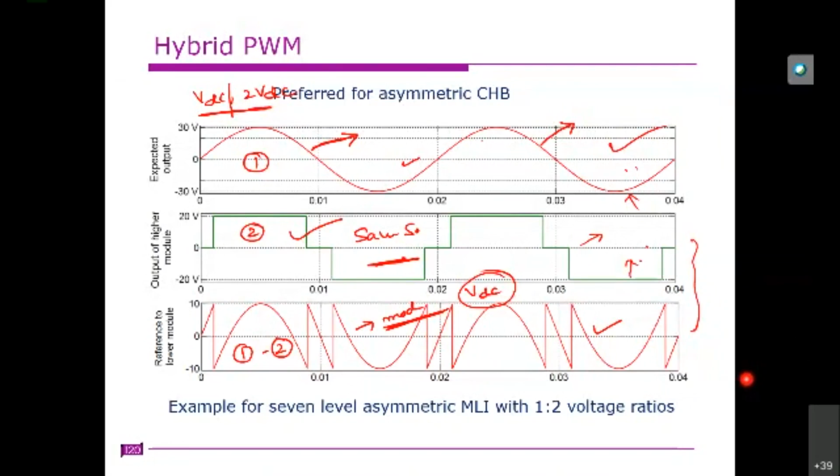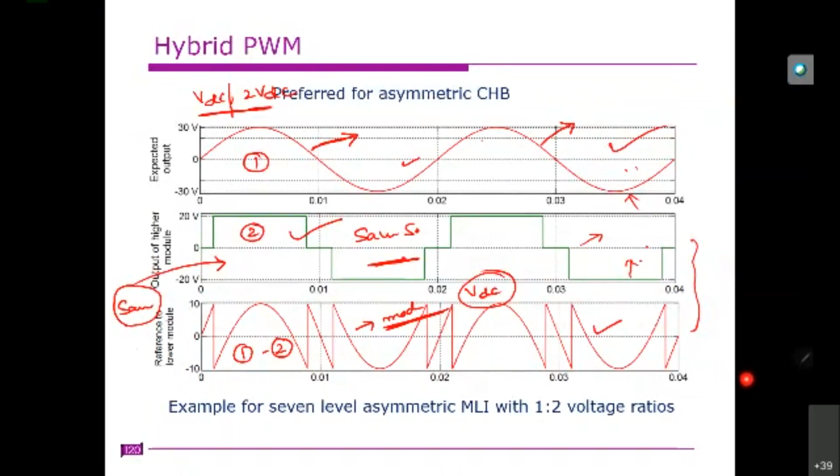Modulating signal for the first one, sir. This one modulating signal will usually operate in quasi square wave, right? So we operate in this quasi square waveform.